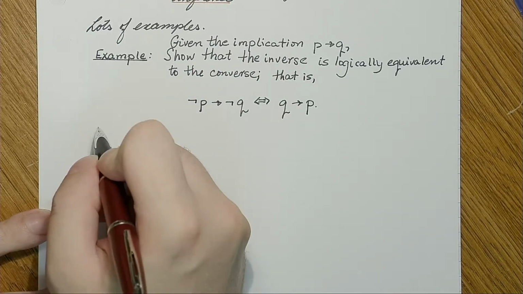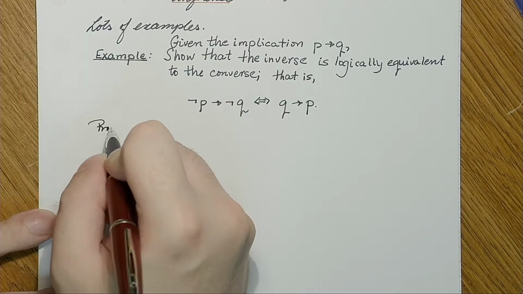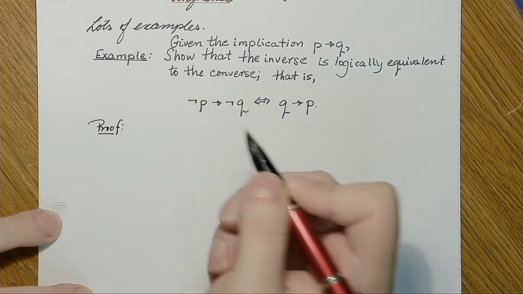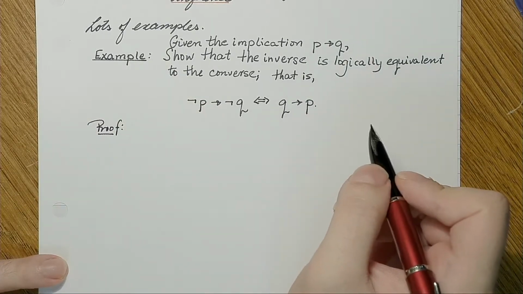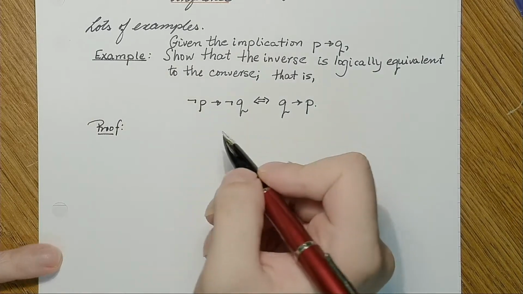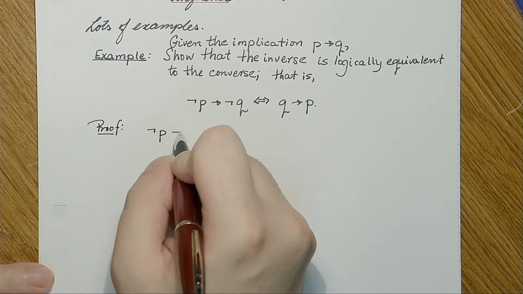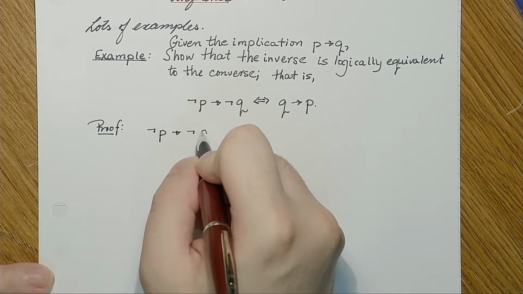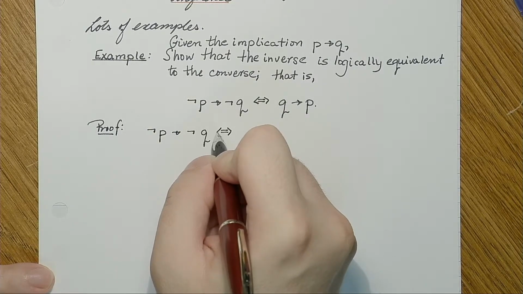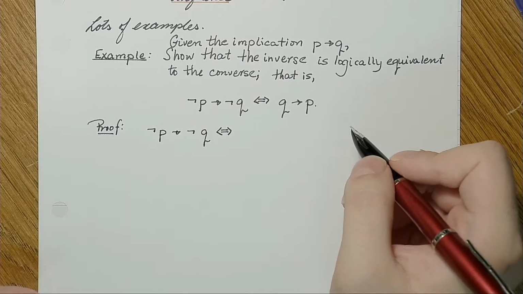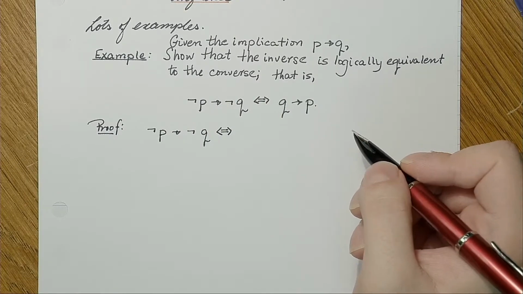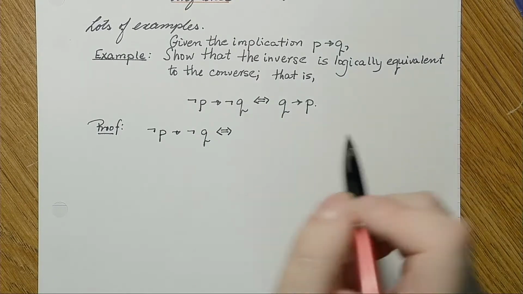So this is the proof for it. We'll start on the left-hand side: not P implies not Q. And we're going to apply the implication rule.